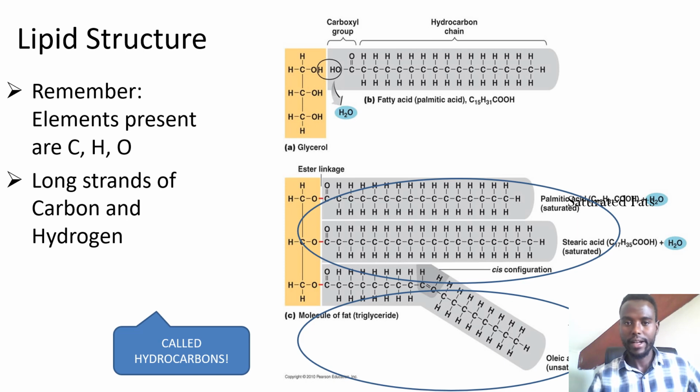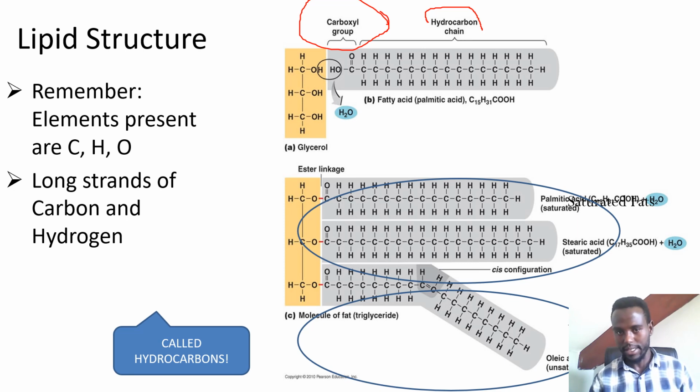So if you see these lipid structures, there are hydrocarbon chains. That is the hydrophobic part. The hydrocarbon chain is nonpolar. The other part we call the carboxylic group, COOH, which is soluble in water. This is glycerol, this is fatty acids, and the ester linkage is between these carbons.